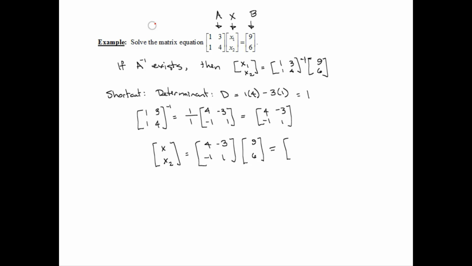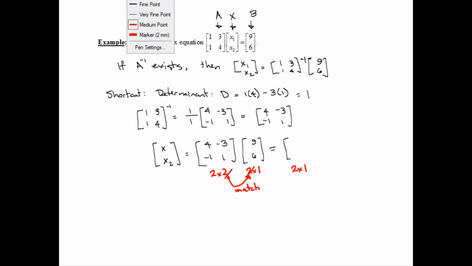We know that here's a 2 by 2. We just want to check and make sure this works. Here we've got a 2 by 1. My middle two numbers match, which means I can multiply them. And what size is my result then? 2 by 1. So we're going to get a column matrix over here.